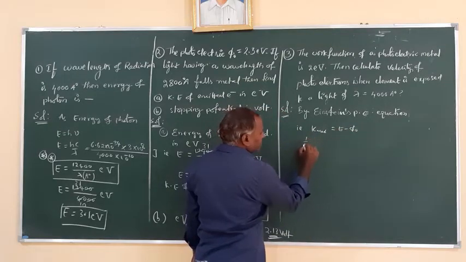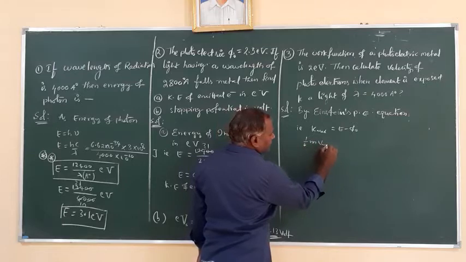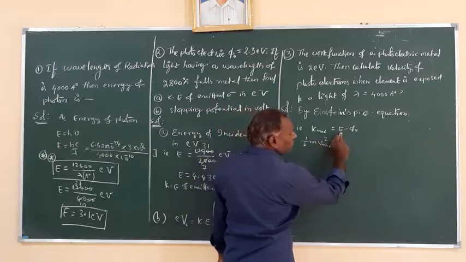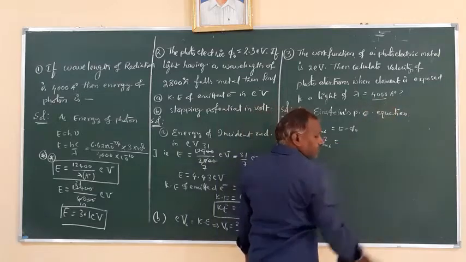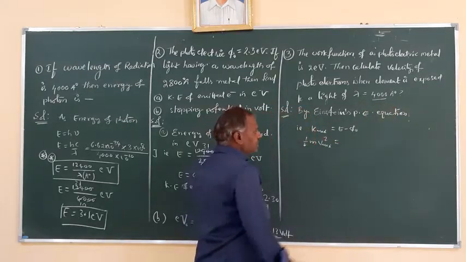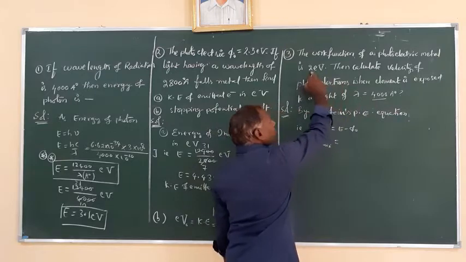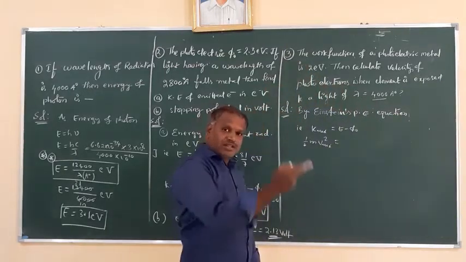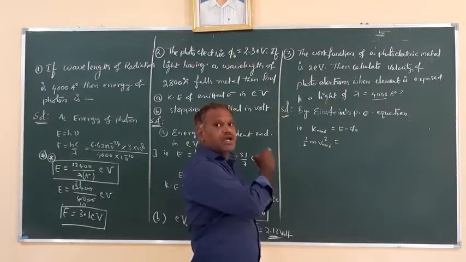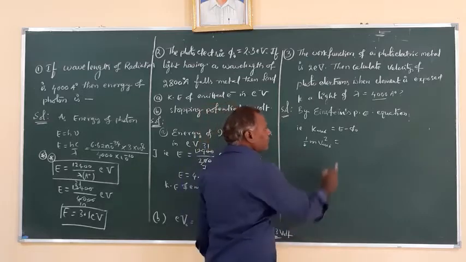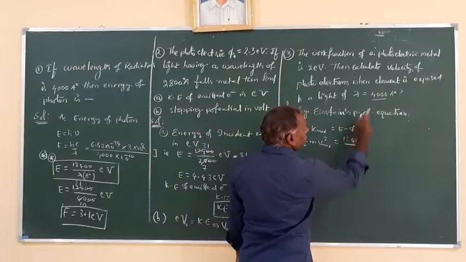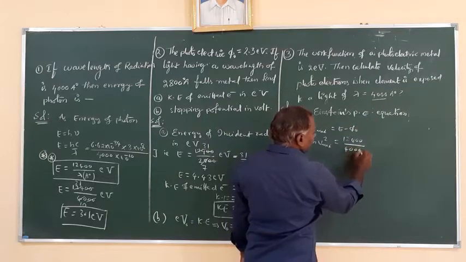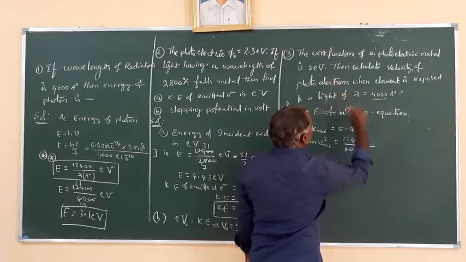So this is half m V max square is equal to E minus phi naught. The E value can be calculated by substituting the wavelength provided in the question itself. Here the work function is given in electron volts, so you calculate that energy also in electron volts and get the kinetic energy also in electron volts. Therefore, E can be written as 12,400 upon wavelength, where wavelength is 4000, minus 2.